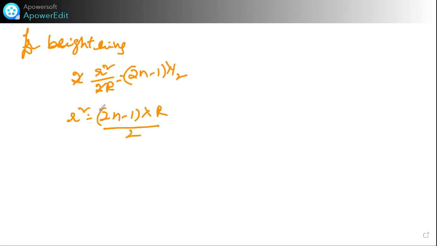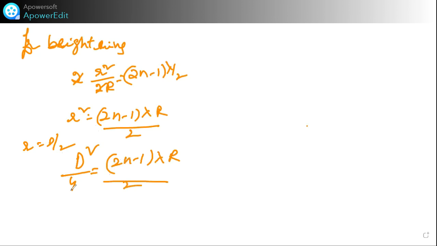So replacing this radius with diameter, r is equal to D by 2. This implies D square by 4 is equal to (2n minus 1) into lambda R by 2.